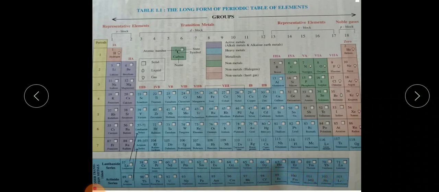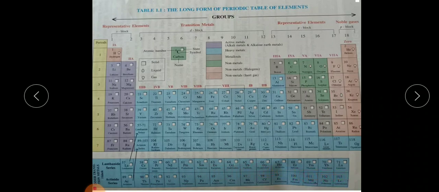These elements belong to the f block, and they are also known as inner transition metals because they are in between the transition elements. The first one is called the lanthanide series, and the one below is called the actinide series. So this is about the periods.